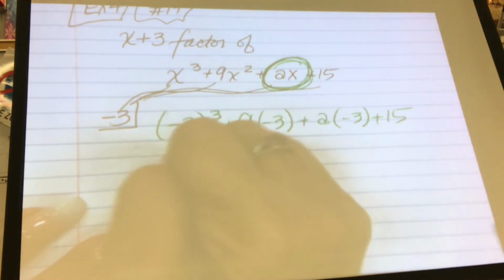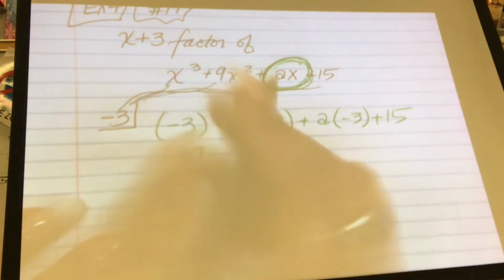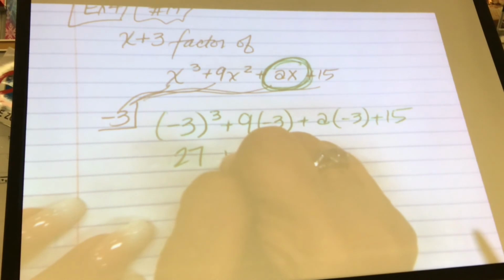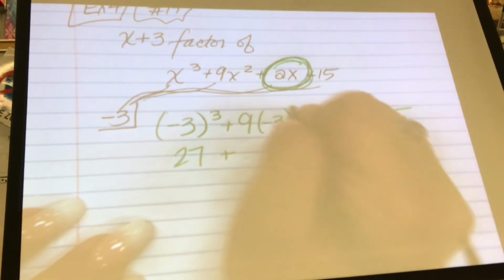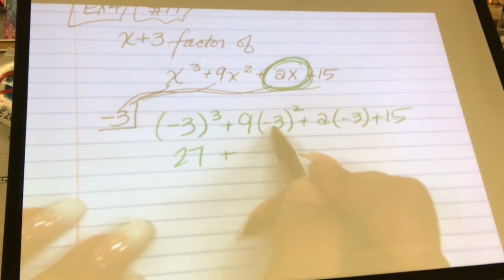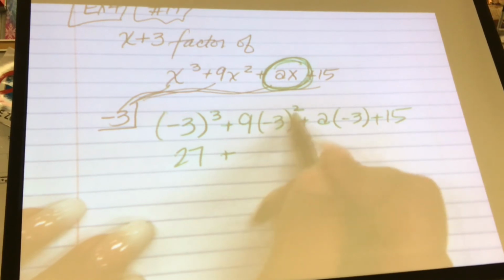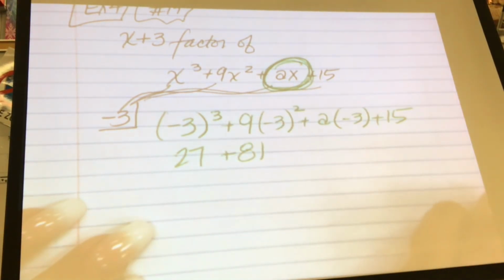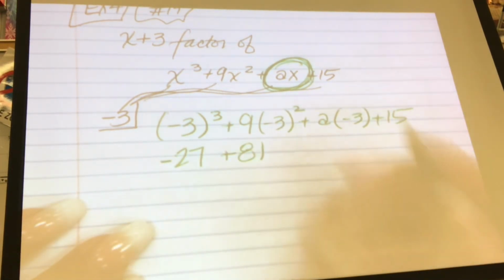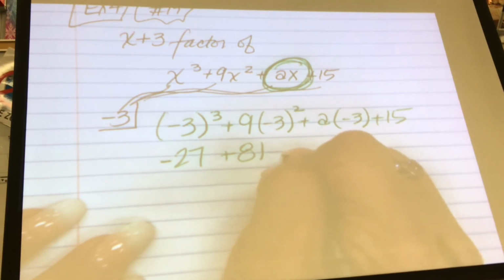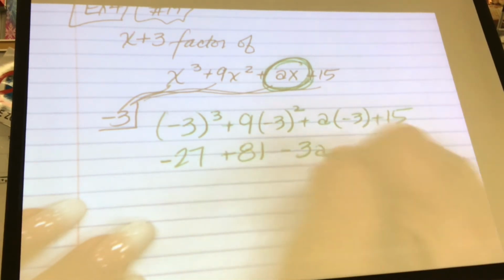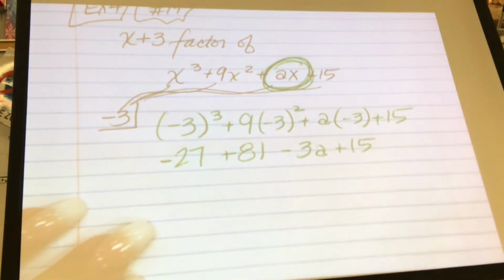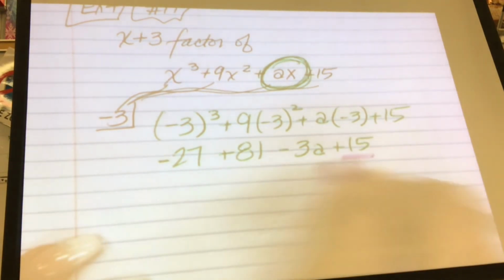Negative 3 cubed is negative 27, plus negative 3 squared, that's 9. 9 times 9 is 81. Minus 3a plus 15.